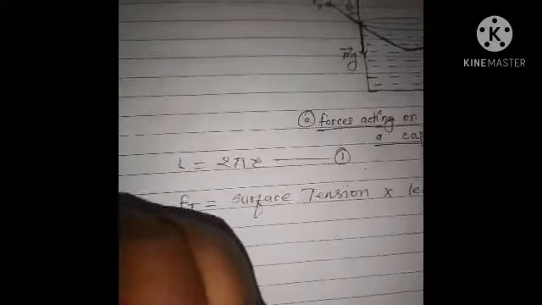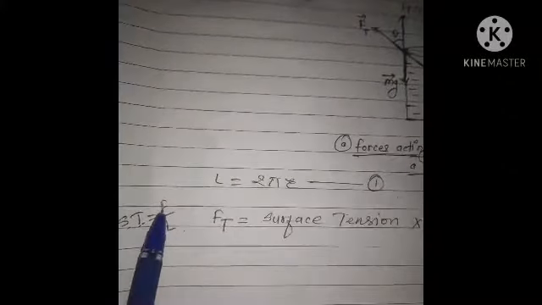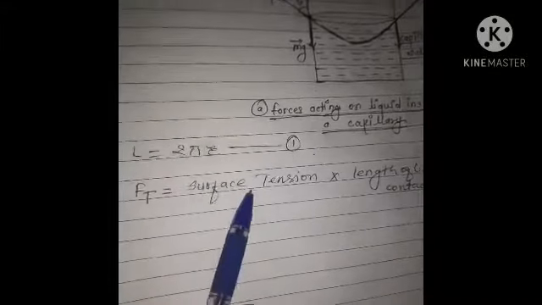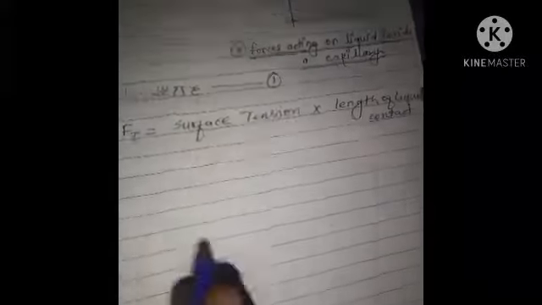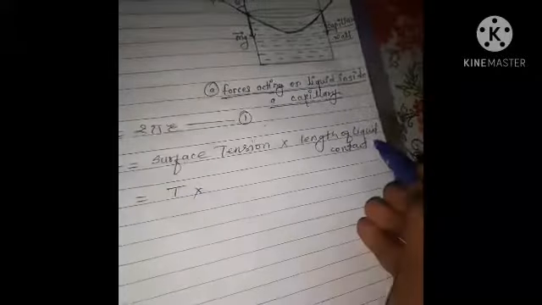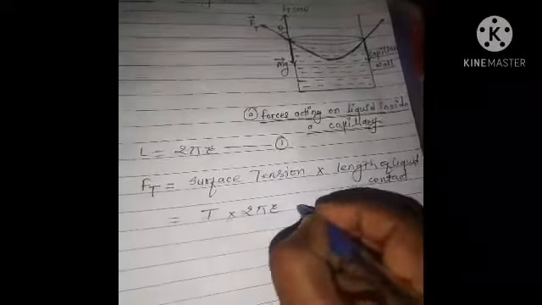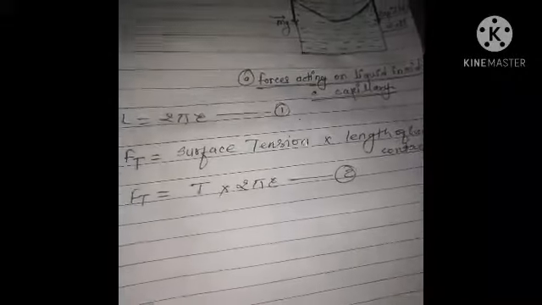This formula is from the formula surface tension T is equal to F by L. By using this formula we can write force is equal to surface tension into length. Surface tension means capital T and length of liquid column means, from equation 1, 2 pi r. Suppose equation number 2.